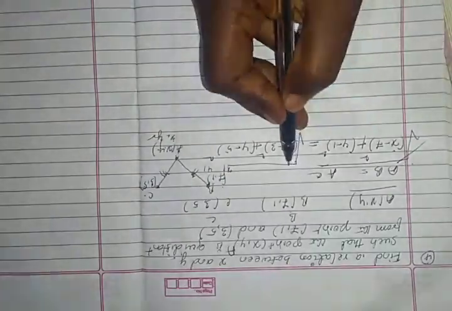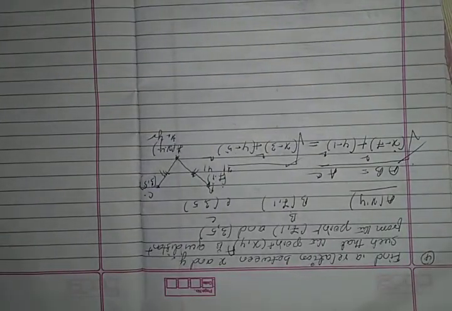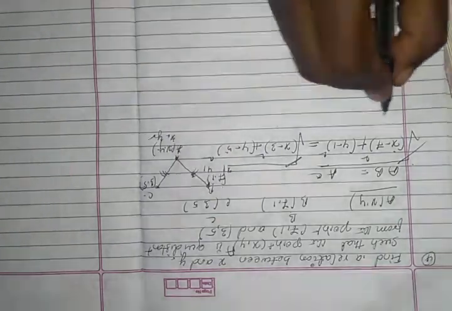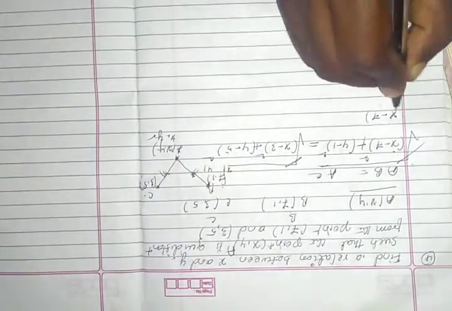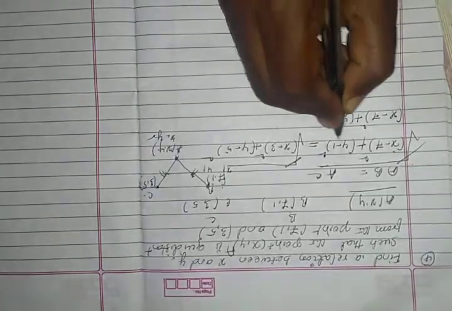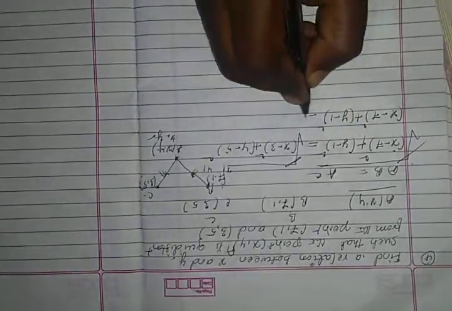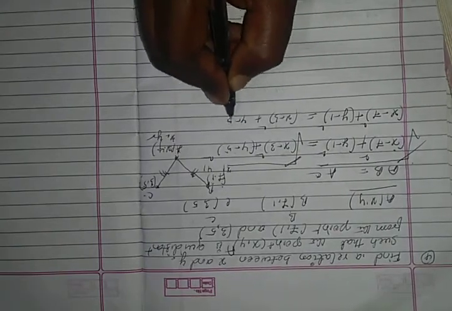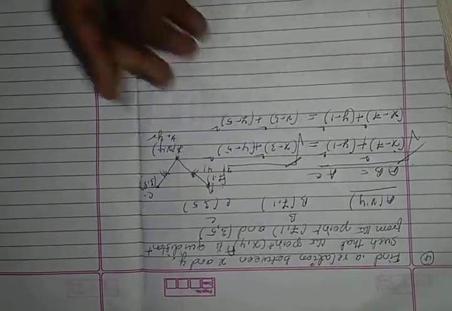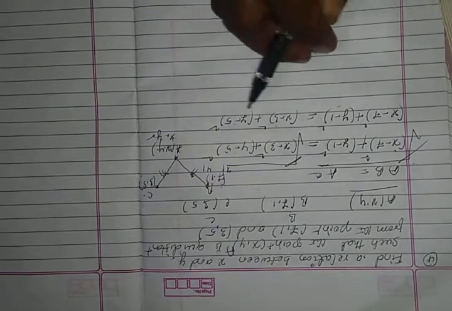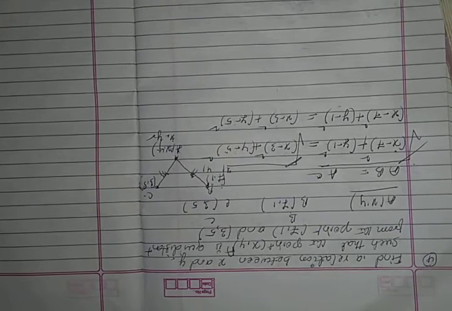So the left square root and right square root get cancelled, and the remaining is x minus 7 whole square plus y minus 1 whole square is equal to x minus 3 whole square plus y minus 5 whole square. This one is in the form of a minus b whole square.